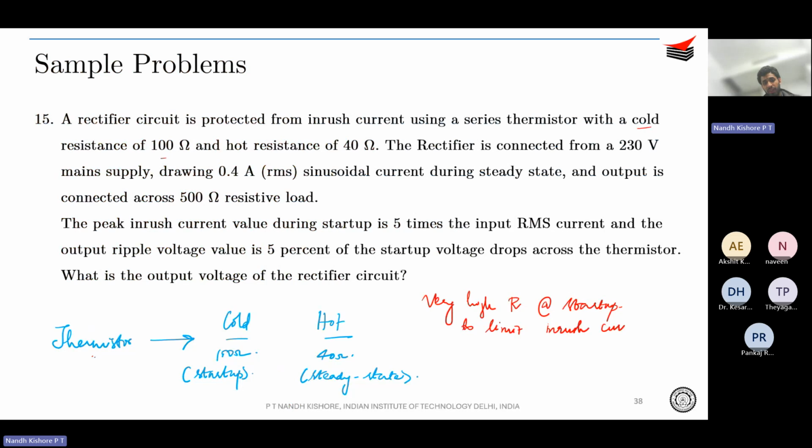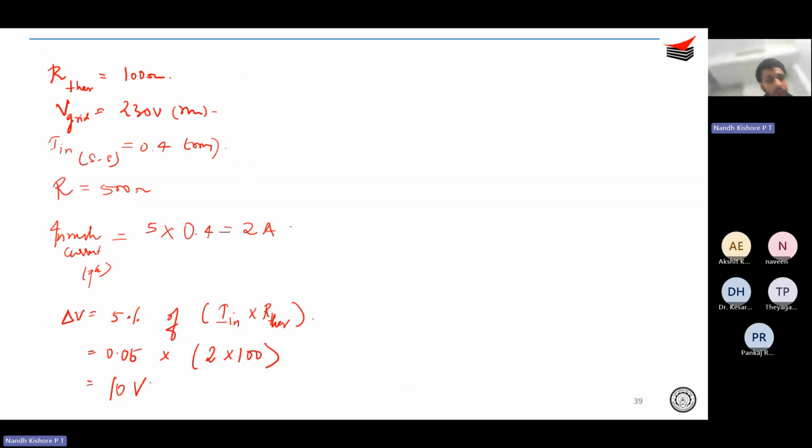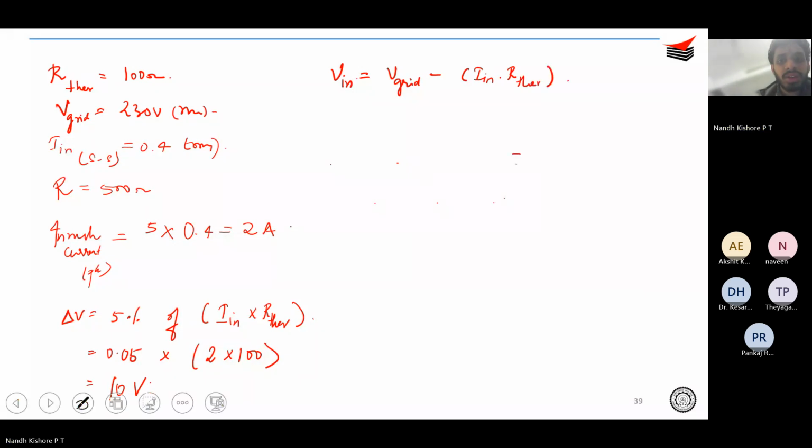What is the output voltage of the rectifier circuit? Your delta V is known, and there is of course a resistance. Therefore, the equivalent input voltage is going to be V grid minus IN into R thermistor. They are asking the output voltage.